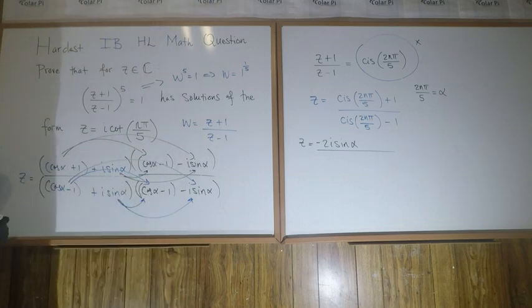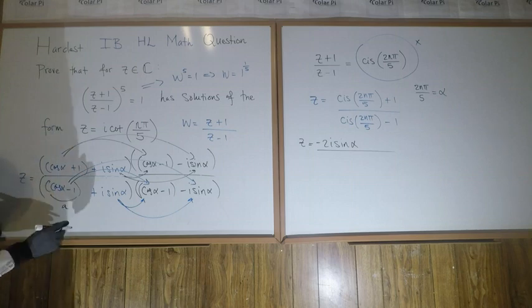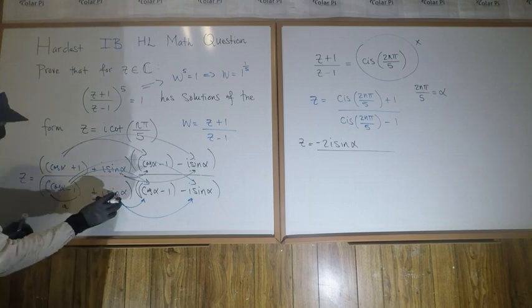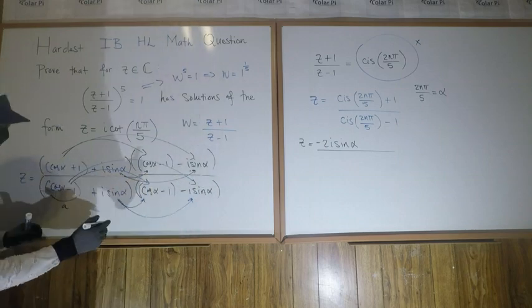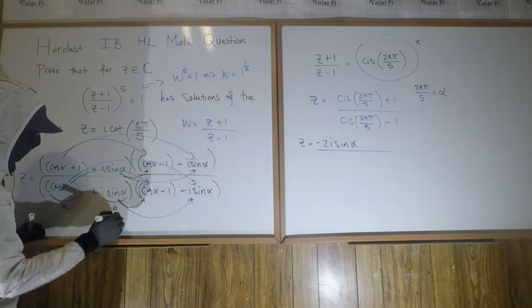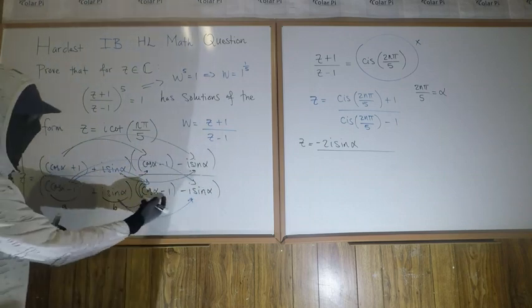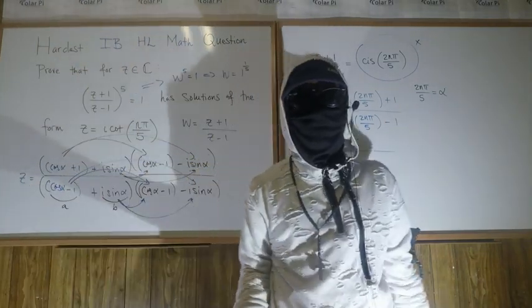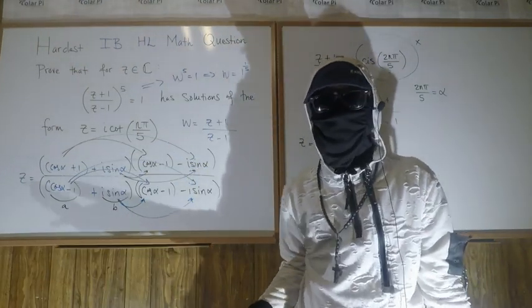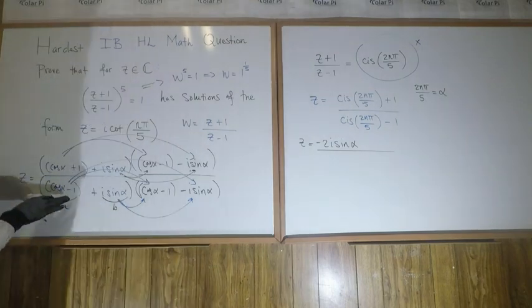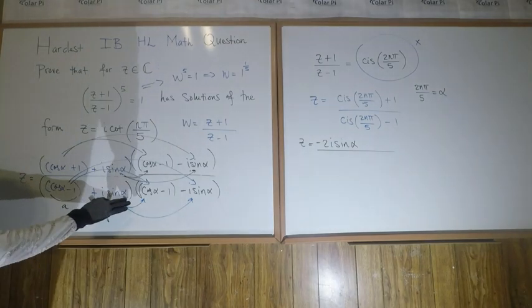So let's say that that's a. So this is a. And then we have i sine alpha and i sine alpha here. So let's say i sine alpha is b. So we have a plus b times a minus b. We said, using difference of squares, that that's a squared plus b squared, where again, a is this and b is this.